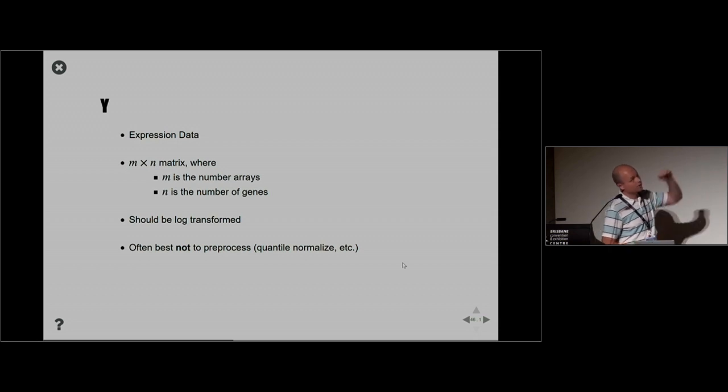Okay? So in other words, quantile normalization can actually induce a signal of interest into your negative controls. So that's one thing to be aware of. So in general, again, it's best not to pre-process the data in any way other than a basic log transform for gene expression data.